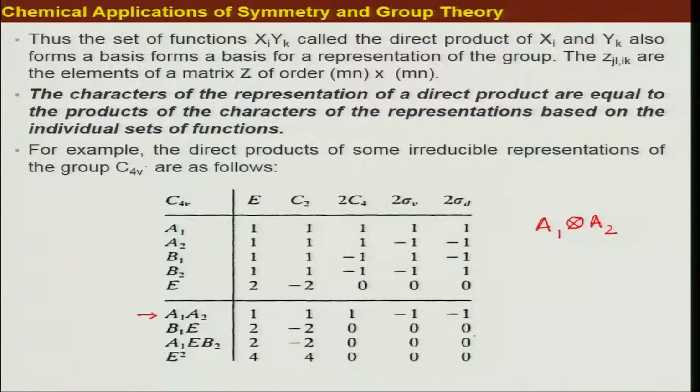Now when you have the direct product here, you have a one-to-one product between the characters corresponding to the two different irreducible representations and a particular symmetry operation.